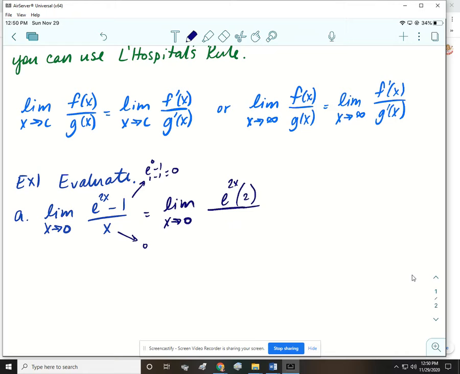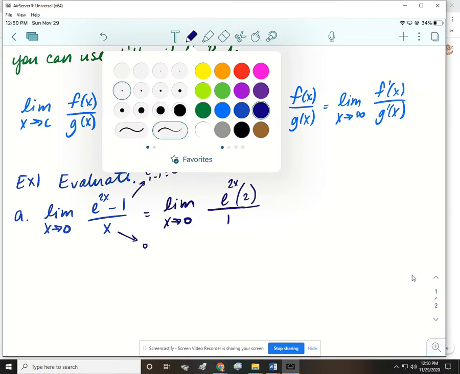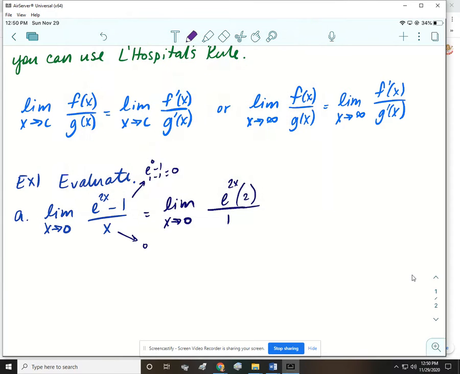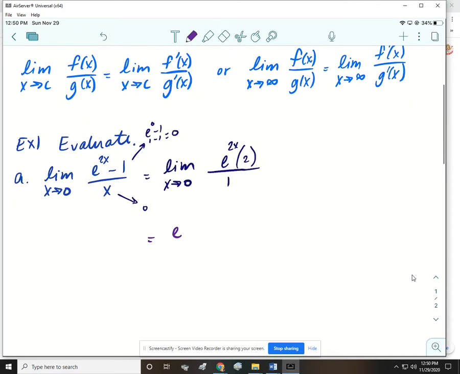And then the denominator, the derivative of x is just 1. So now, if I plug in the 0, I get e to the 2 times 0 times 2 over 1, or just 1 times 2, which is 2.